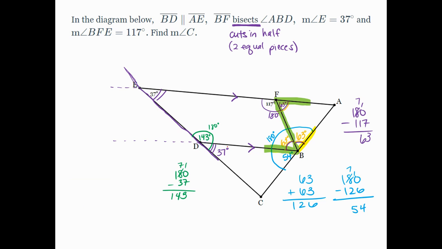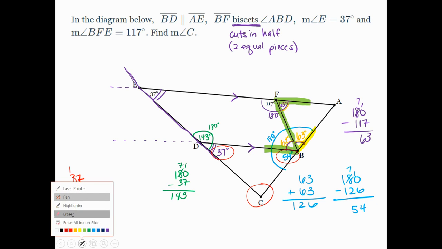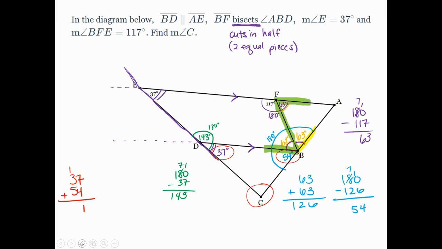Now if I take my two remaining angles in this triangle, I have 37 and 54. I can use them to find my third angle. So one last adding up and subtracting from 180. Here we go. 37 plus 54 equals, looks like 91.